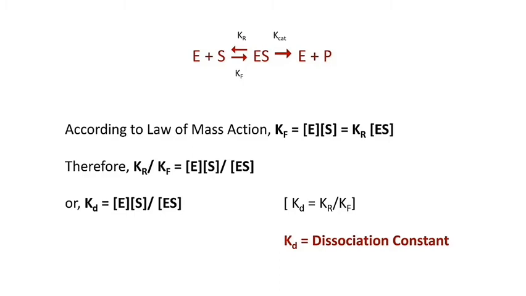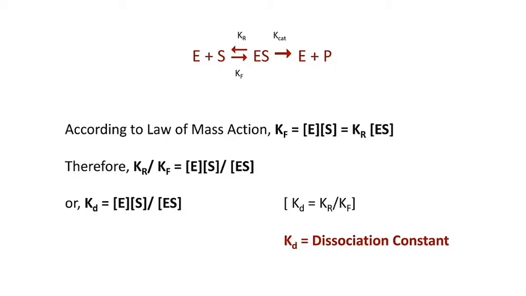Now if we look at the equilibrium constants of the reactions, Kf equals the equilibrium constant of the forward reaction, Kr equals the equilibrium constant of the reverse reaction, and Kcat is the equilibrium constant of product formation.